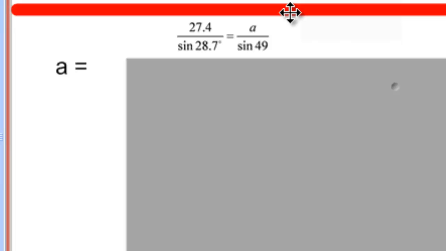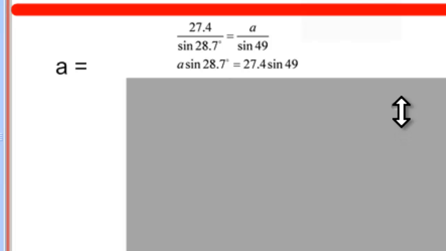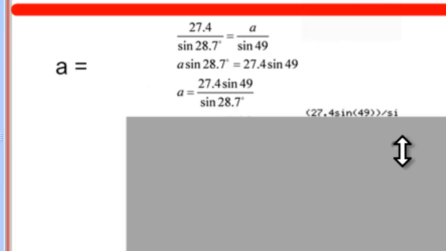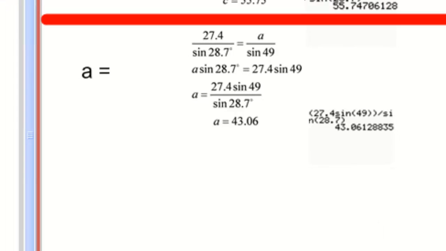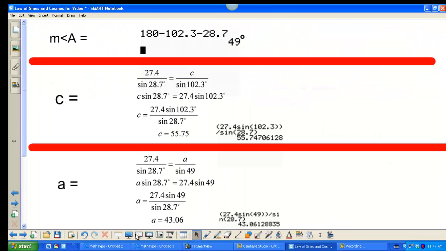But remember, 55.75 was rounded, so I try to stay with the given information to stay the most accurate. Then again, I cross multiply, I divide by sine of 28.7, and I yield that the measurement of a is 43.06, and that would be in feet. And so we have just solved this triangle using the law of sines.